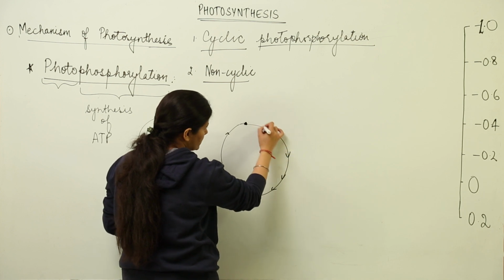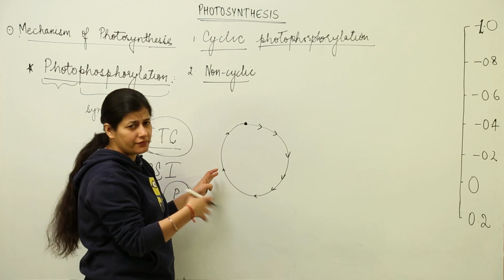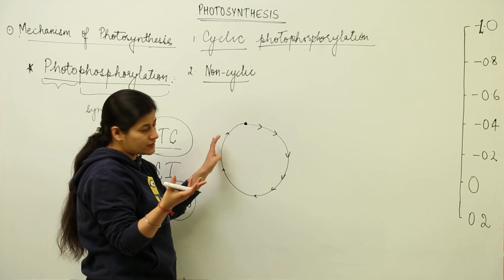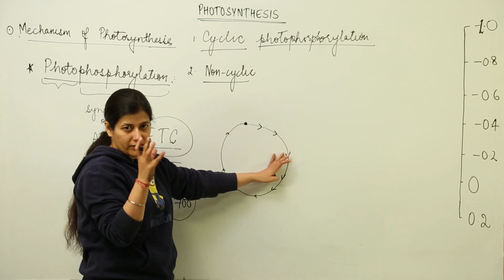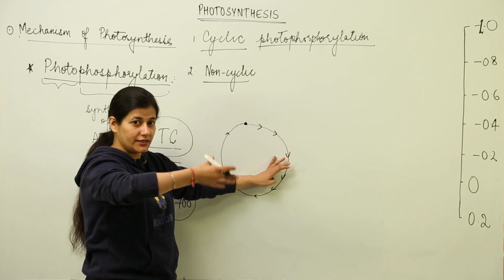This is what a cycle looks like. Previously you also talked about cycles, the Krebs cycle and the rest. We begin with a particular reactant, and in the end we regenerate that reactant.